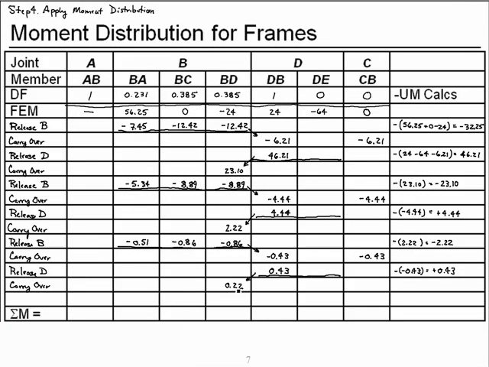So one more time, I'm going to release B. My unbalanced moment is 0.22 foot kips, and so we'll put a negative sign in front of that, and we'll distribute it according to our distribution factors, and I'll get a negative 0.05.